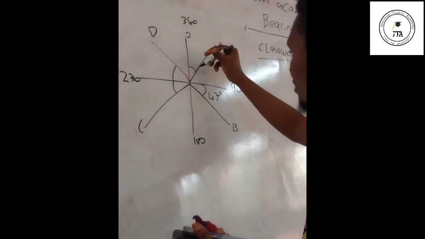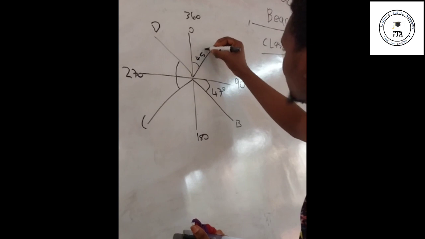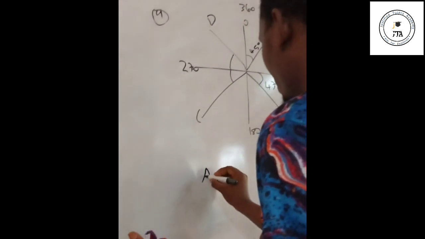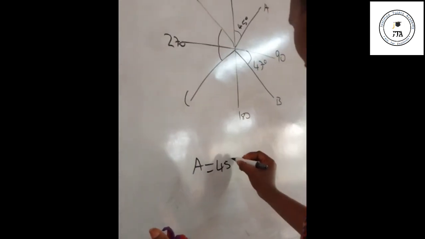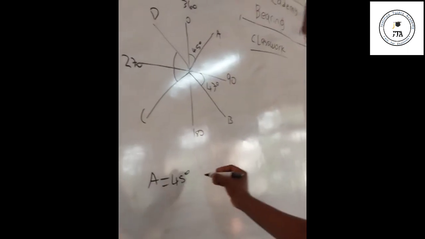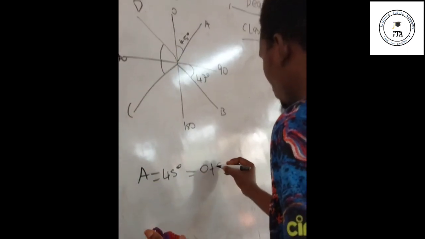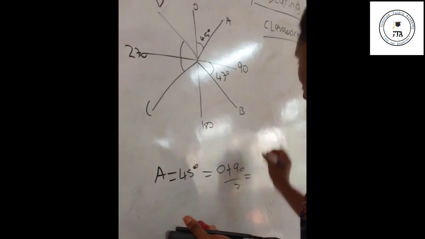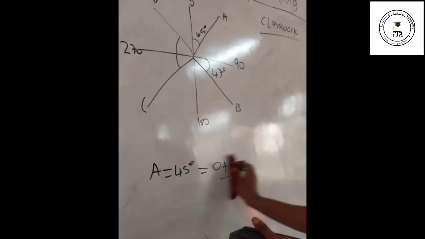So that means here is automatically 45 degrees. So A is equal to 45 degrees. How do you get 45 degrees? Very simple. 0 plus 90 over 2, because it's the midpoint, which is equal to 45 degrees. So that's it.